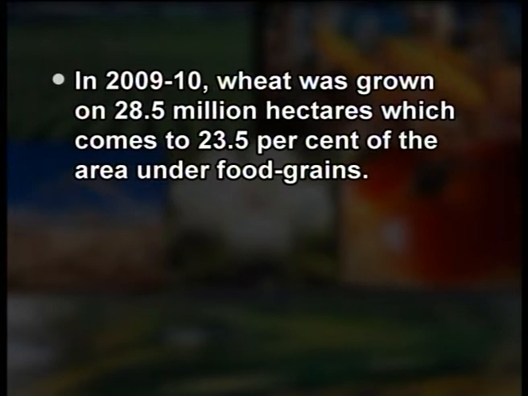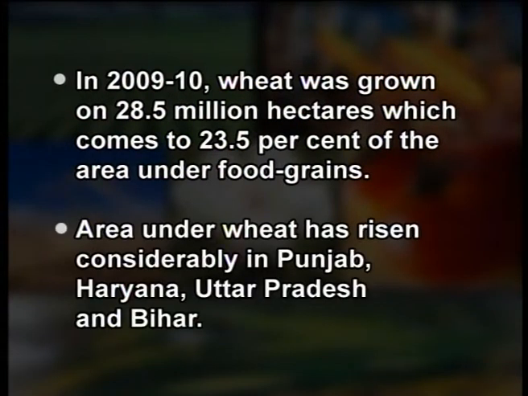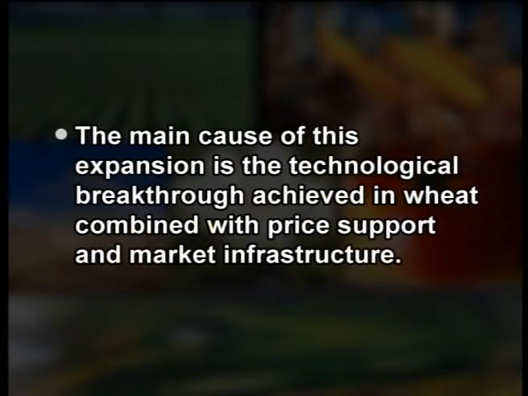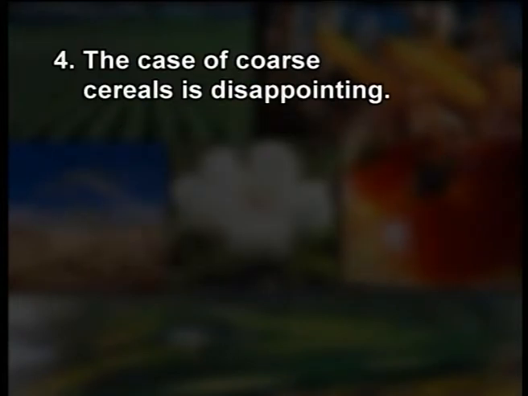In 2009-10, wheat was grown on 28.5 million hectares, which comes to 23.5% of the area under food grain. So, area under wheat has risen considerably in Punjab, Haryana, Uttar Pradesh and Bihar. The main cause of this expansion is the technological breakthrough achieved in wheat combined with the price support and market infrastructure.